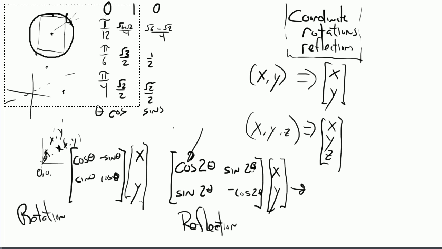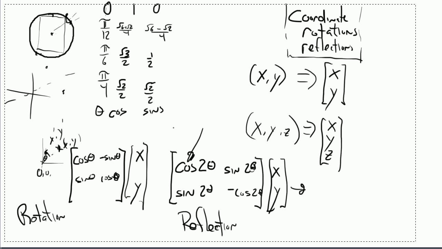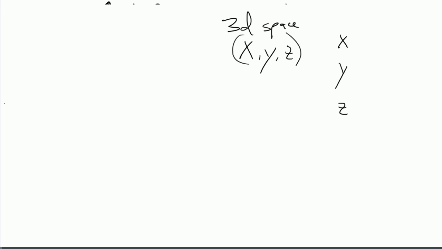I'm going to go ahead and erase this. This, of course, takes you into matrices, and matrices is the thing that makes spreadsheets work pretty nicely. But if we talk about now something in 3D space, having coordinates x, y, and z, which can be written x, y, and z.